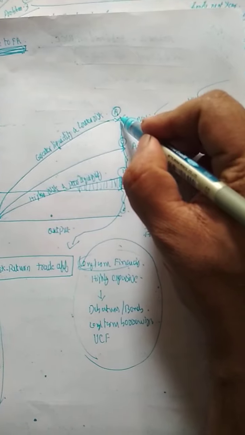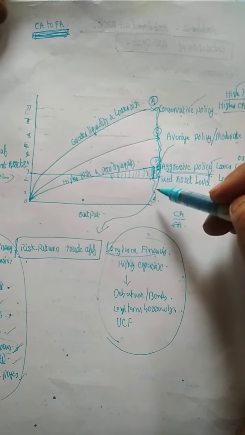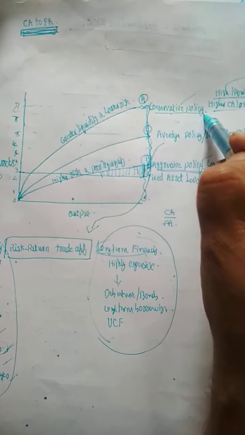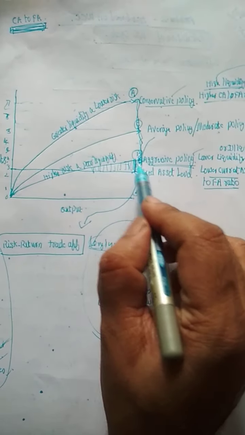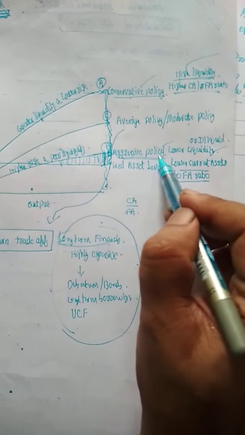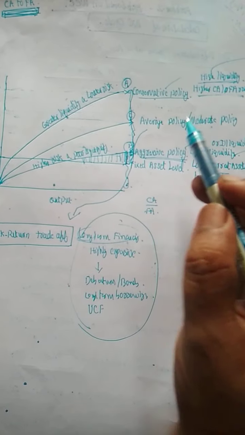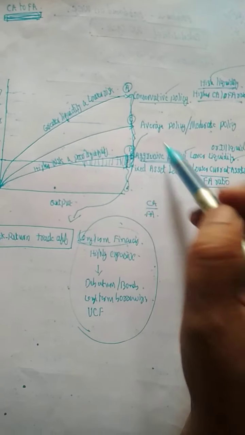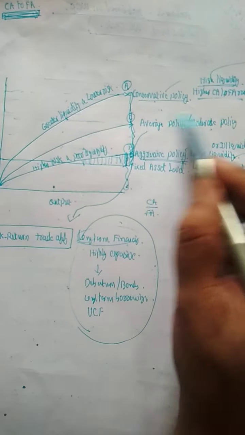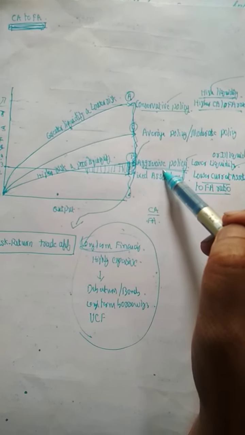A firm with higher current assets will be having high leverage of working capital, and such firms will be following conservative policy. A firm with lower current assets will be following aggressive policy. Lower current assets in the sense current assets to fixed assets, and the medium or moderate firm will be in between conservative and aggressive policy.